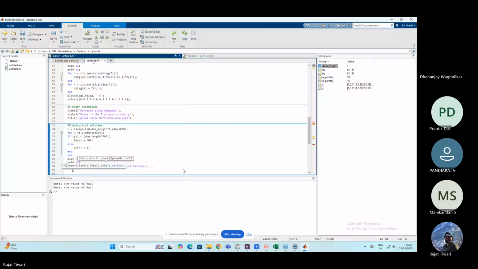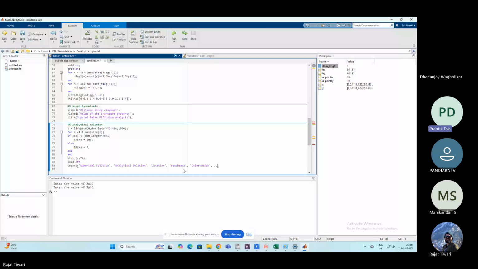Location of list, and then put the limits.